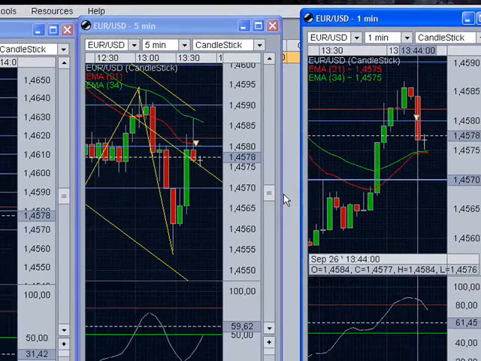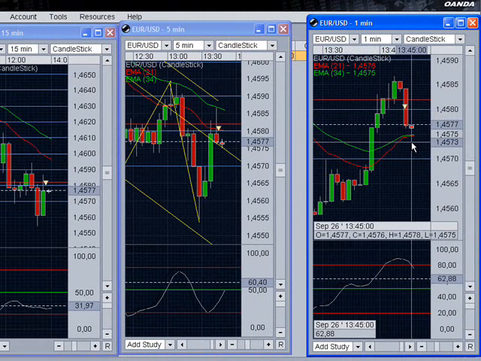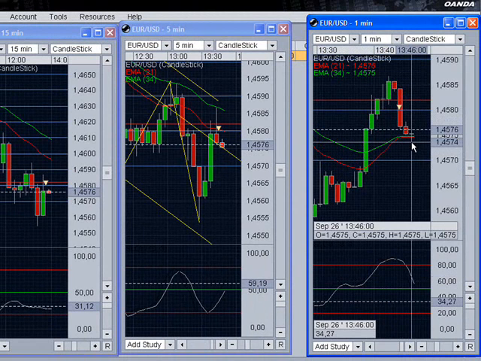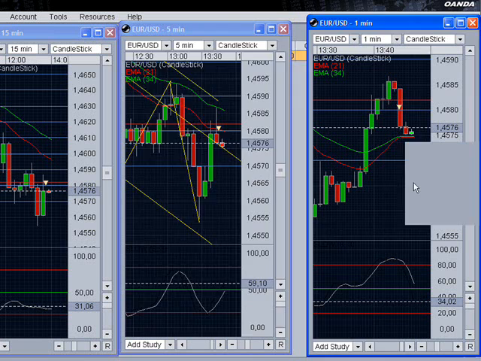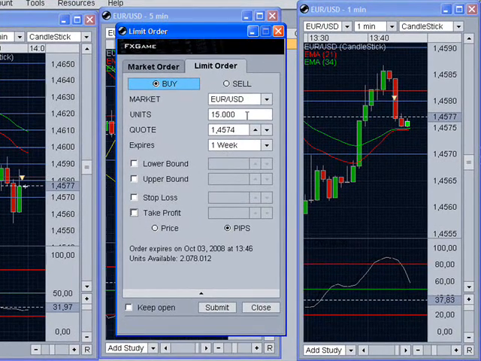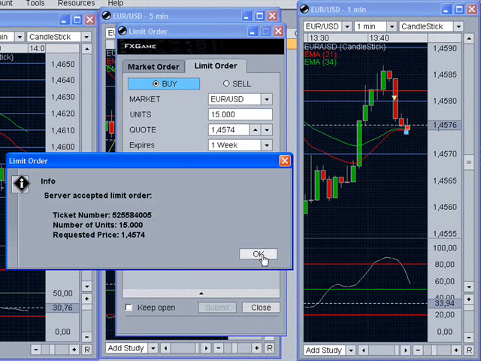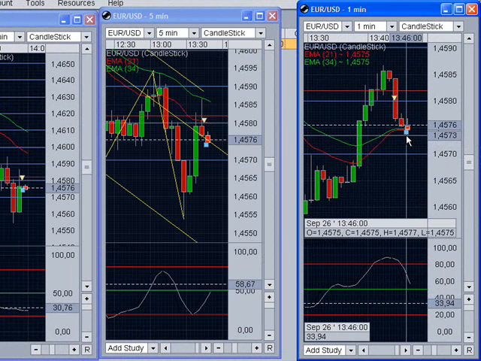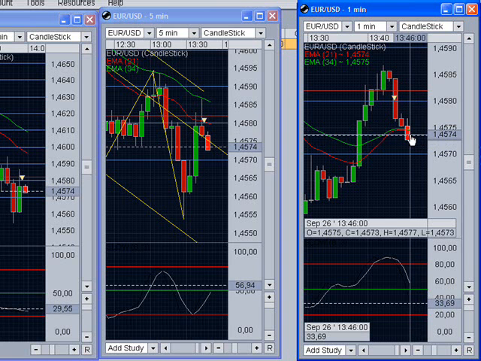I will put it here at 45.70. Okay, and what I'm going to do now is I'm going to enter here. I'm short. I'm going to put here a buy order to close half of my position. So I put a limit buy with 15,000 units. I do not want a stop loss and a take profit anymore, because this is just to close half of my position. Okay, so when this blue square is reached, half of my position, you heard the little bell, is closed.